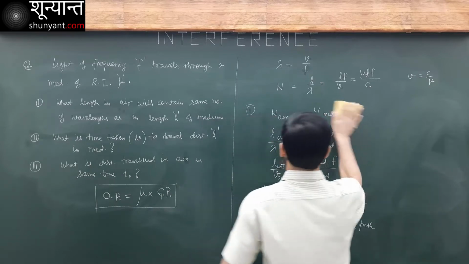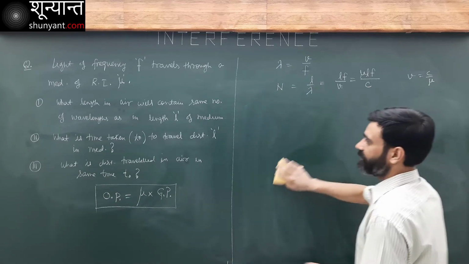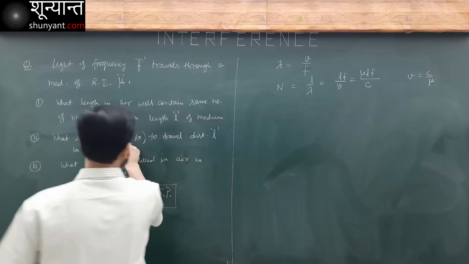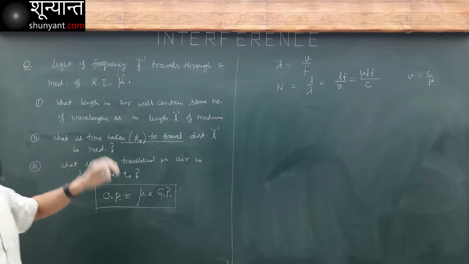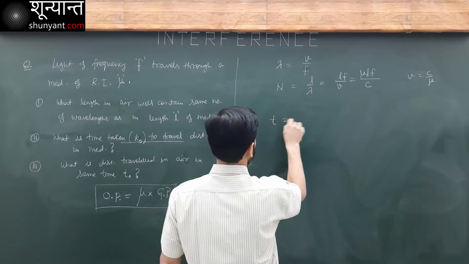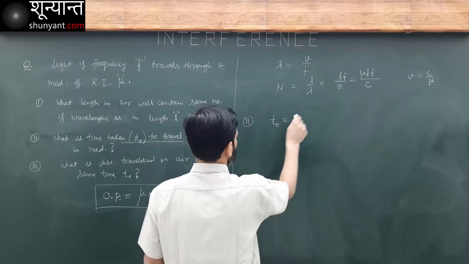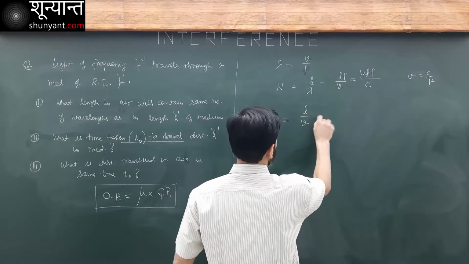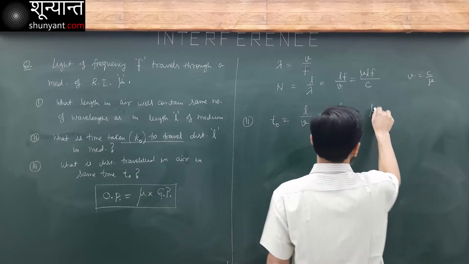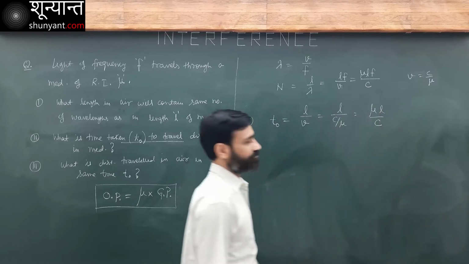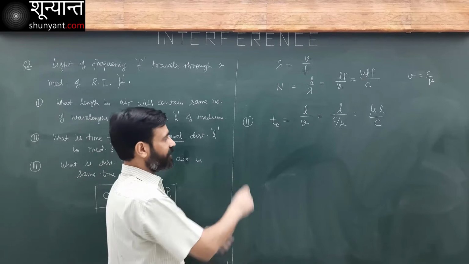Now let's look at the second part. What is the time taken, t naught, to travel distance L in medium? T naught is equal to L over V, which is L over C over mu, so mu L over C. So this much time is taken.